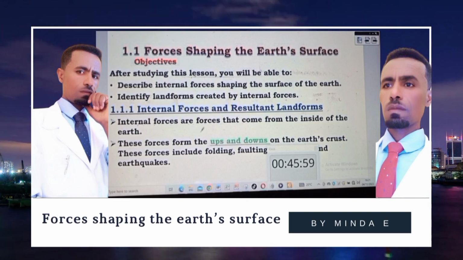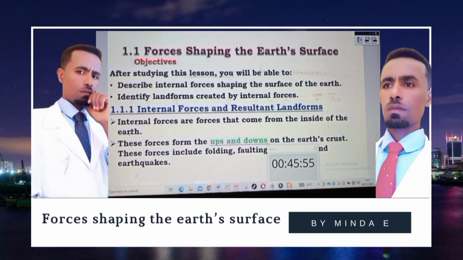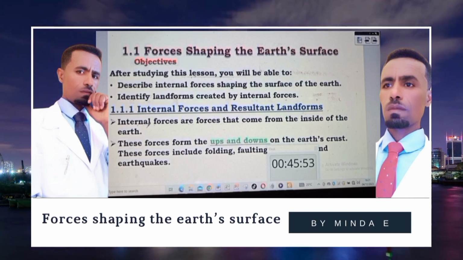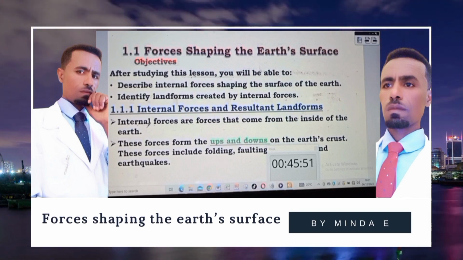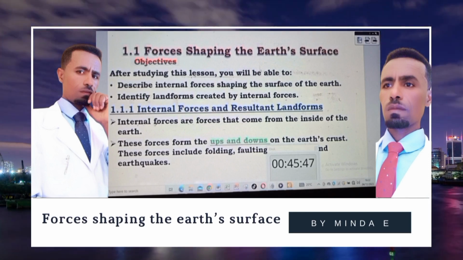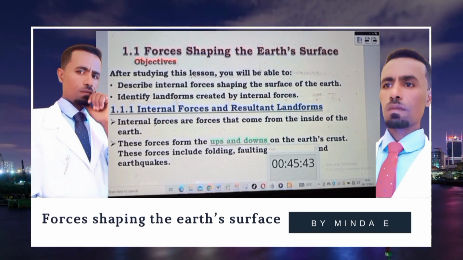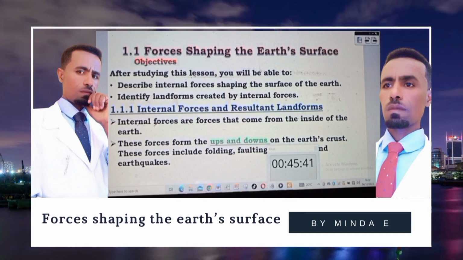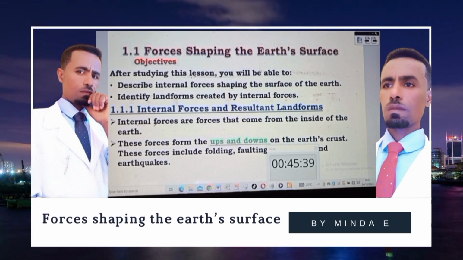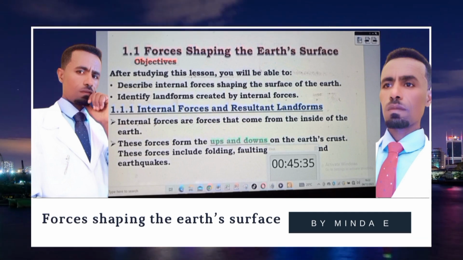Internal forces are forces that come from the inside of the earth. So these forces are driven by energy from the interior part of the earth. So they are from the inner part of the earth, and they can change the external part of the earth.